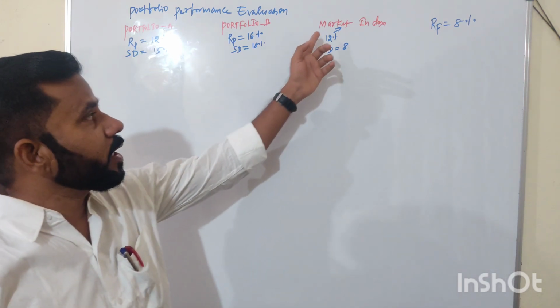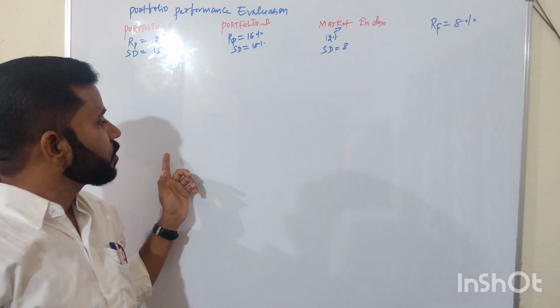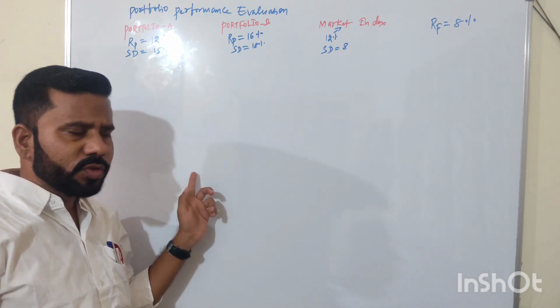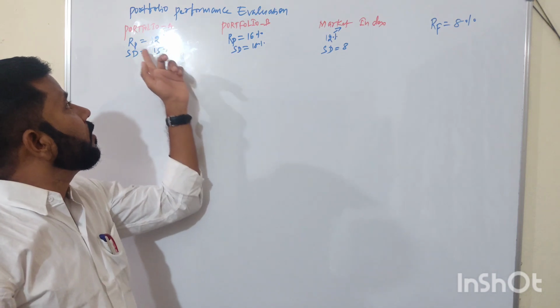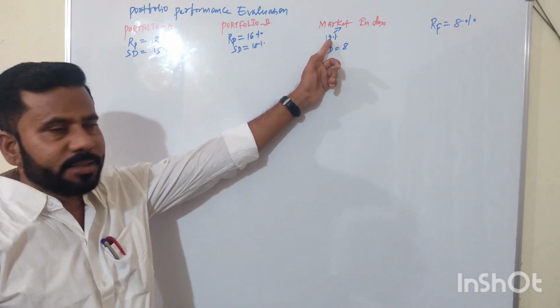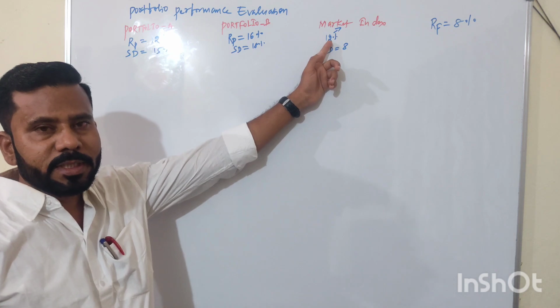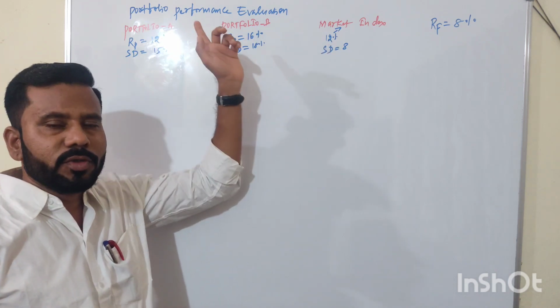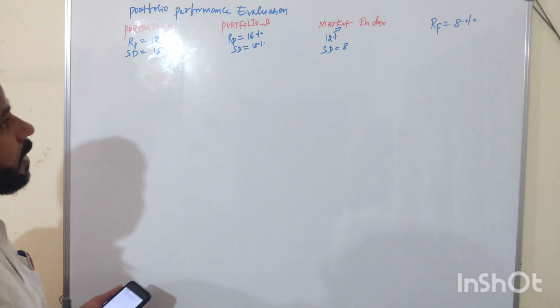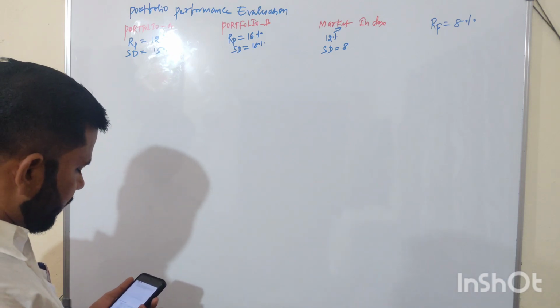So while calculating for the market index, we usually use the same formula, but instead of RP, we take the market return. So market return is 12%. In that we should not take RP.